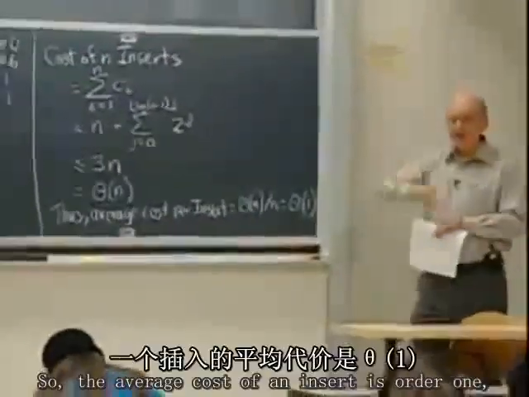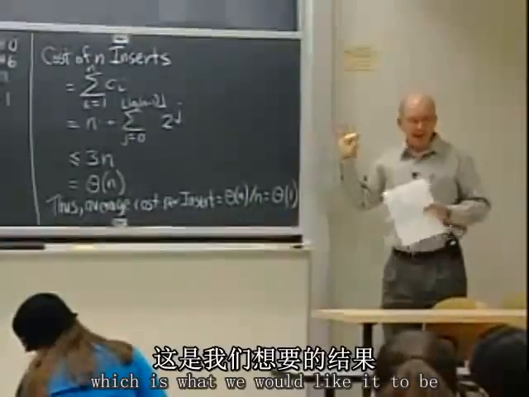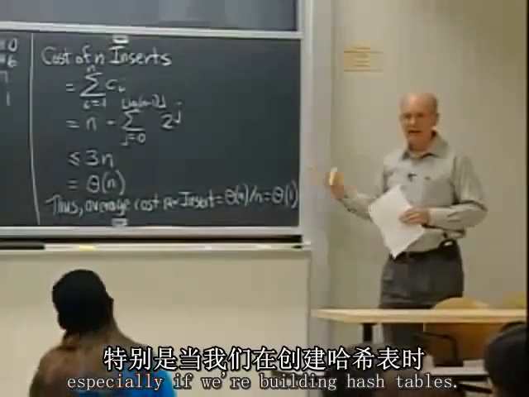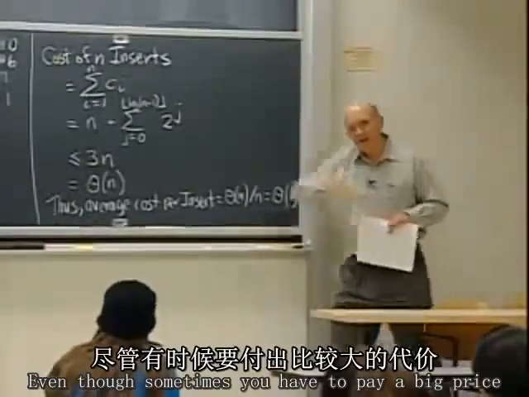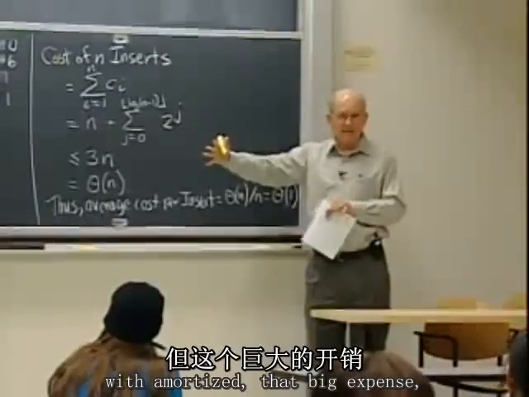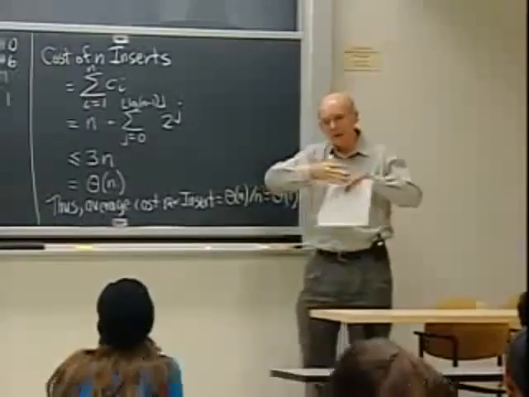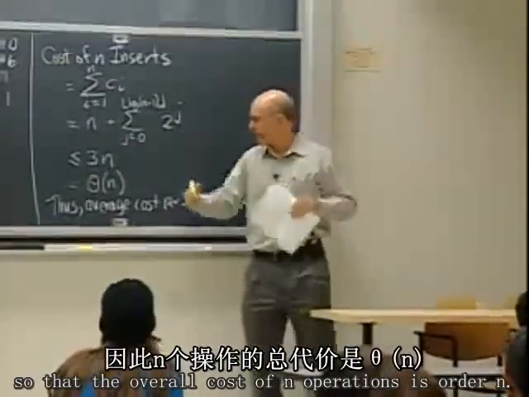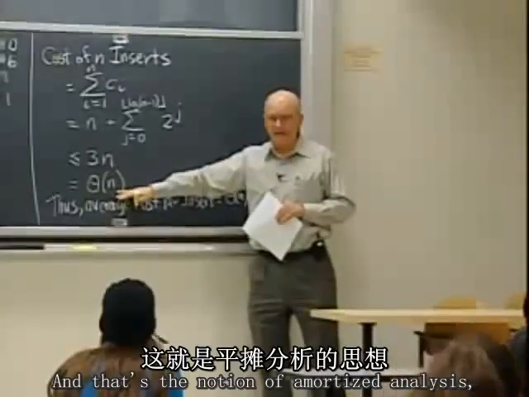So the average cost of an insert is order 1, which is what we would like it to be, especially if we're building a hash table. Even though sometimes we have to pay a big price, we've amortized that big expense over the previous insertions that we've done. So the overall cost of n operations is order n.